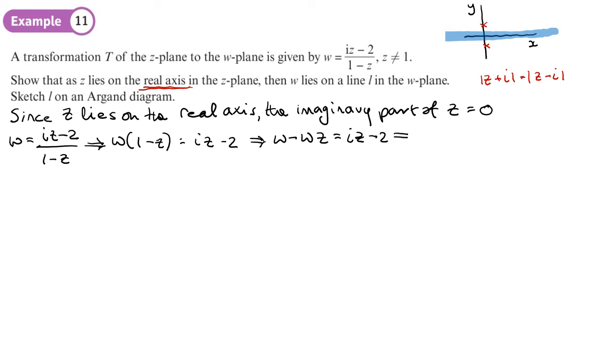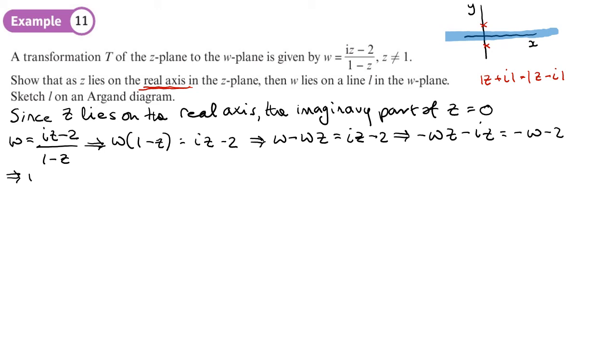Put the z terms on the same side. So we'll have iz minus wz minus iz equals negative w minus 2. Let's multiply everything by negative 1 to get rid of the minuses.